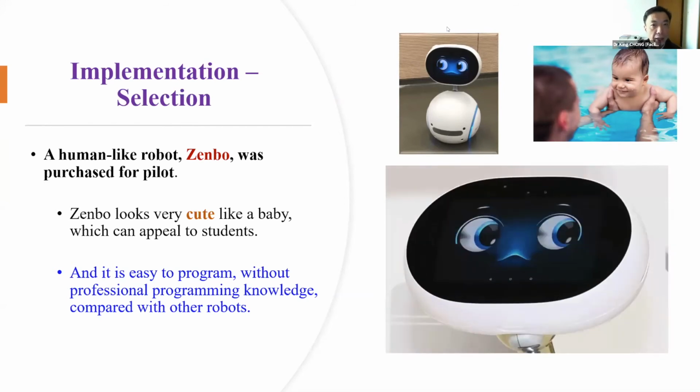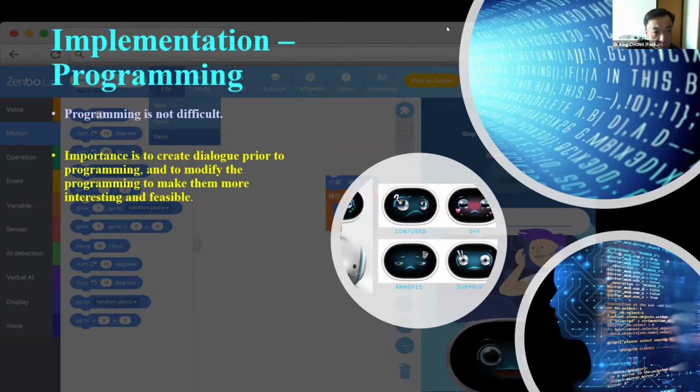Okay, so let me introduce the implementation, the programming. First of all, the programming is not difficult. As we said, it does not require professional knowledge in programming. The most important thing is to create a dialogue prior to programming, and then to modify the programming to make it more interesting and feasible from class to class, from scenario to scenario, from case to case.